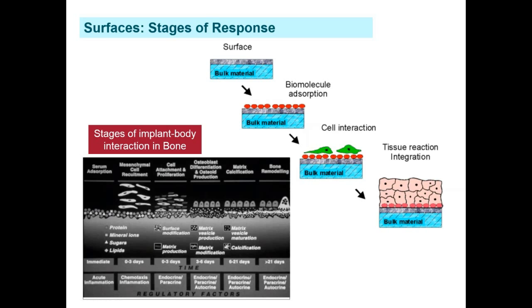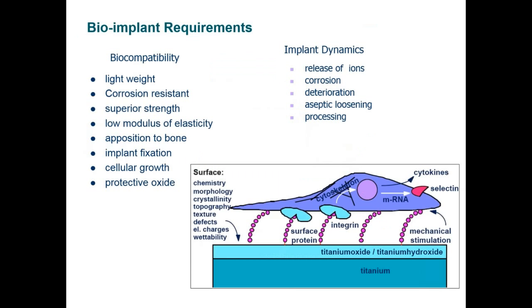Now, a bioimplant is basically a foreign material that has a certain degree of compatibility, whether it's mechanical or electrochemical, that is corrosion, or in terms of its ability to allow the cell to grow on the surface, as the previous slide shows.